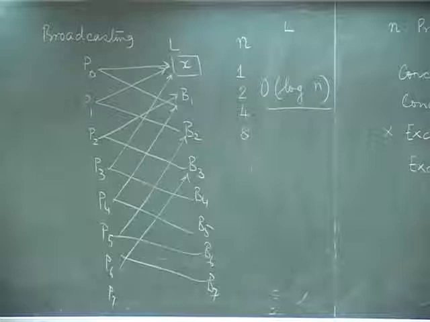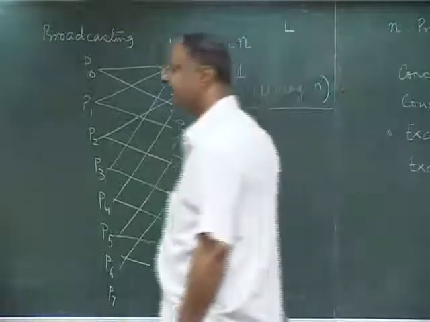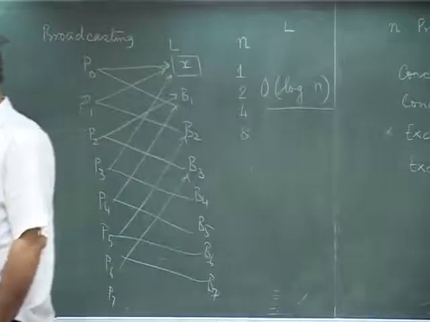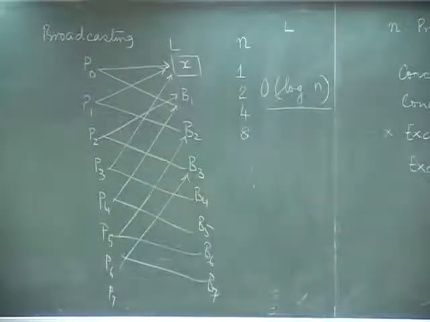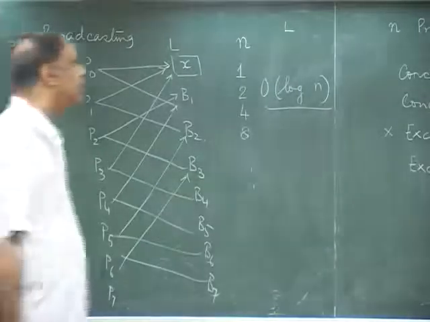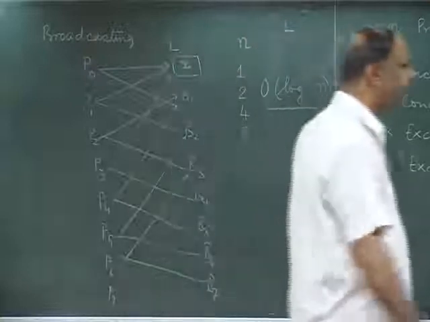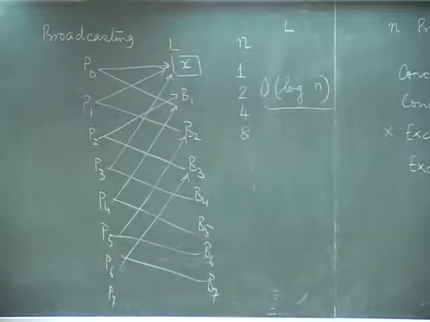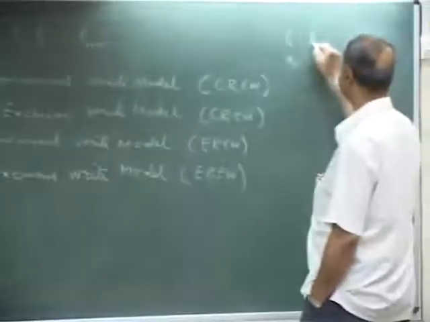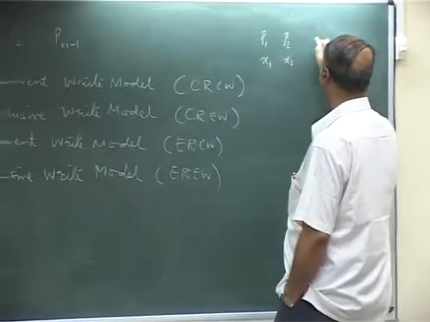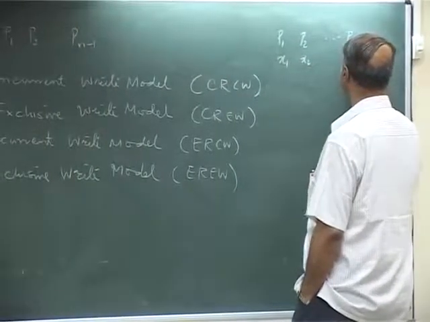Now there are different models for concurrent write. One possible thing is that suppose N processors want to write simultaneously at a particular location. One way could be that you put the sum of the results to be written into the location. That is, suppose P1 wants to write X1, P2 wants to write X2, and Pn wants to write Xn.